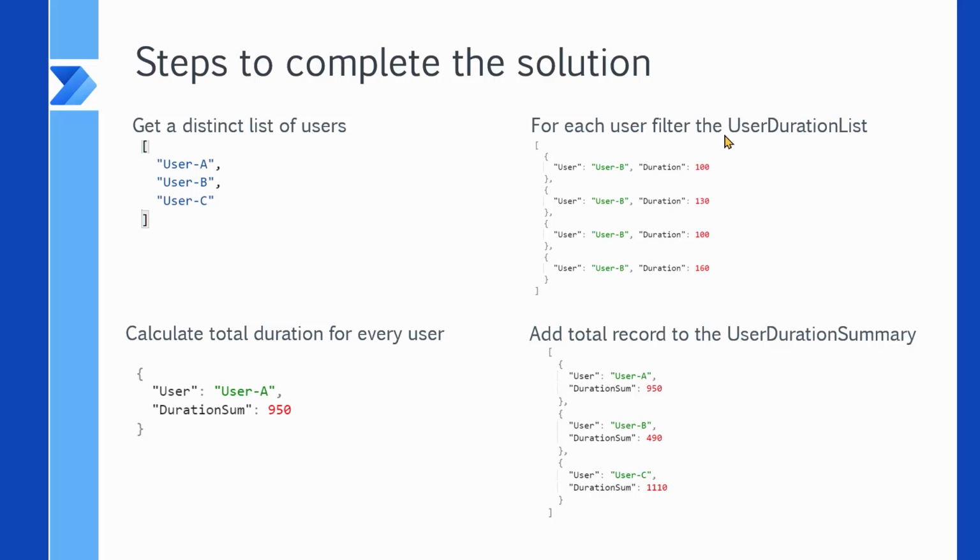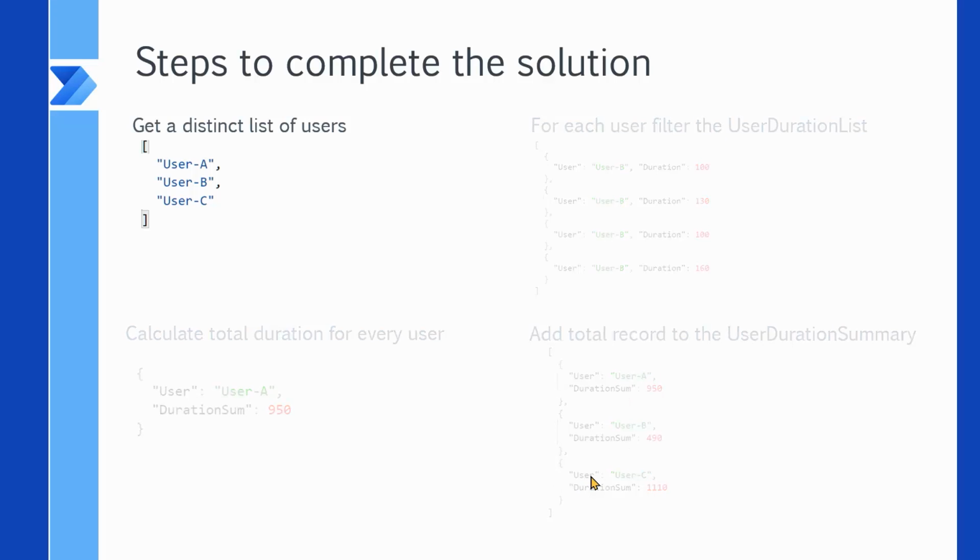Then this list goes to the next step, and I need to calculate the total. I can simply use any loop or apply to each action to take care of this. After every record is calculated per user, I will add it to the user duration summary. Because it's an array, I can simply use the append to array variable action, and this will do the trick for us. Now, let's get to work.